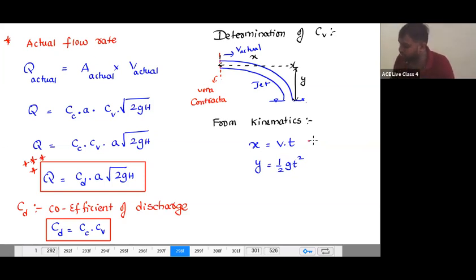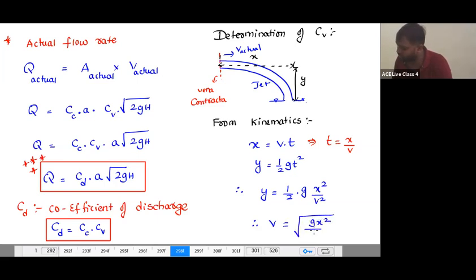So from this we can write t is nothing but x by v. Now here y is equal to half g into x square by v square, and you take this v square to the other side, then v is nothing but square root of gx square by 2y.